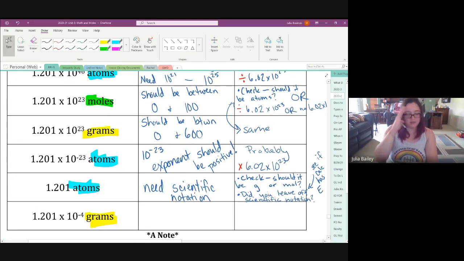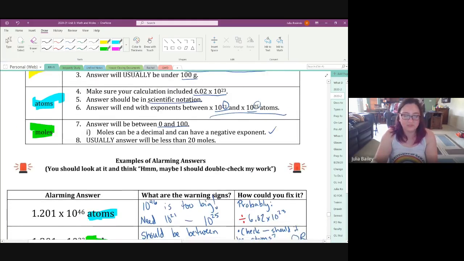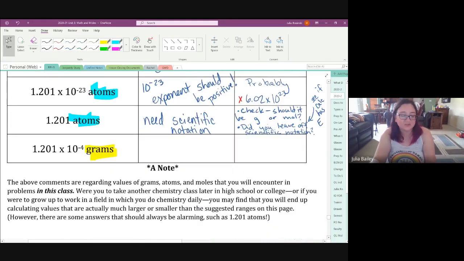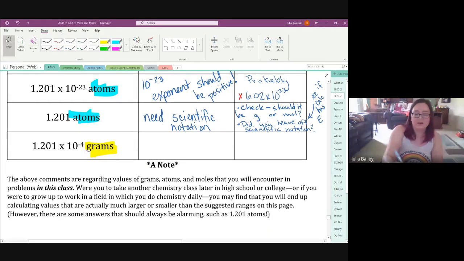And finally, 1.201 times 10 to the negative 4 grams. Okay, grams can have a negative exponent. They will usually be under 100. They can be between 0 and 600, and technically this is between 0 and 600, but this is probably too small.